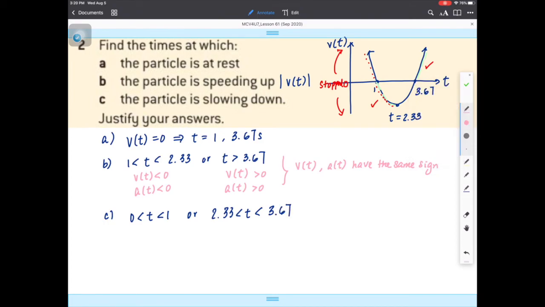And in this case, when velocity is positive in this region, the slope of those tangents for acceleration is negative. Here, when velocities are negative, acceleration is positive. And we can say that v of t and a of t have opposite signs.